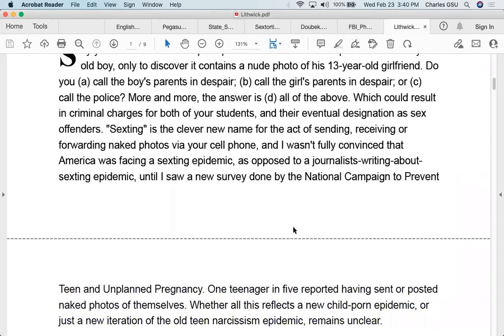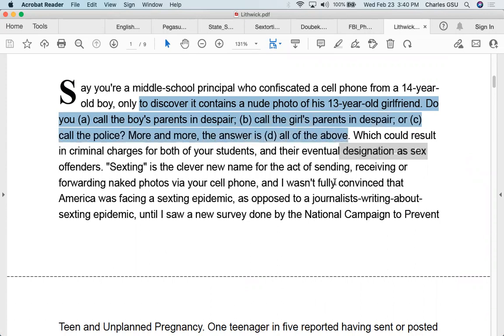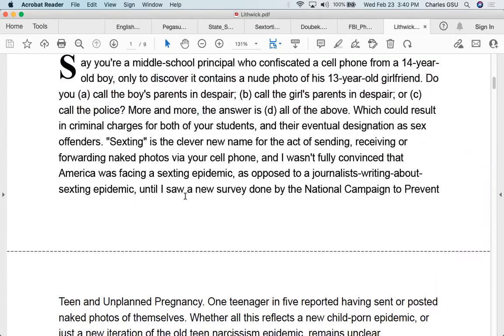So it begins with a hypothetical: should your principal, if you're in, say, junior high, call the boys' parents, or the girls' parents, or the police, if they find nude photos on either or both of your cell phones?